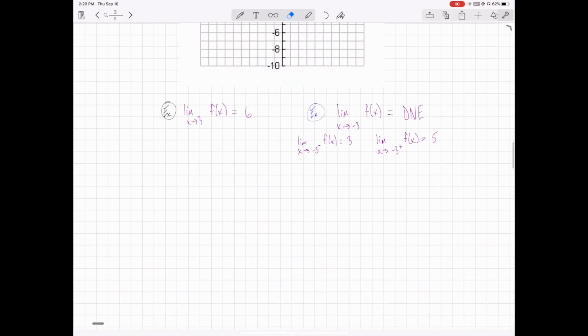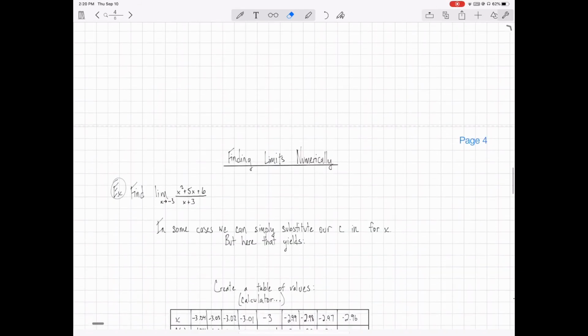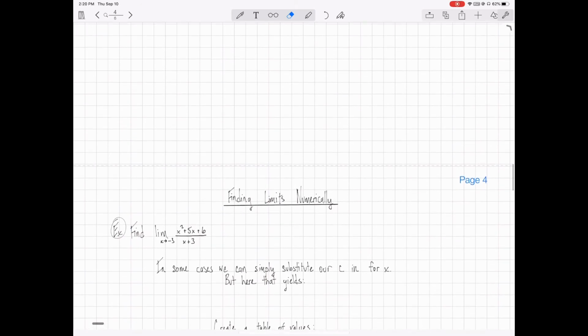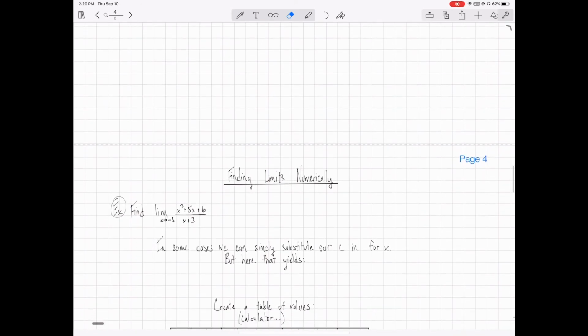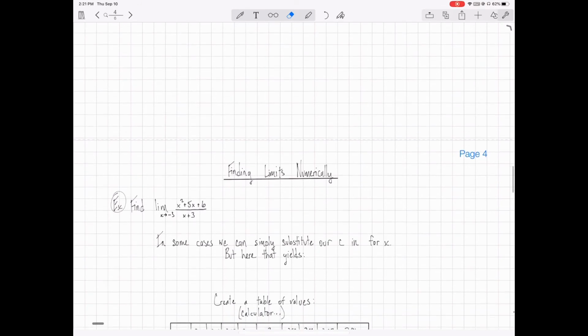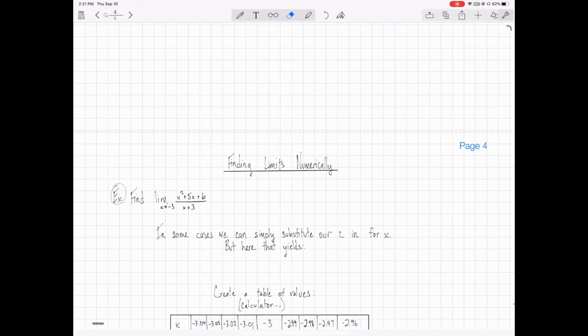So if we continue here, I did this already on a calculator. For this particular one, I entered the function. So this is finding one numerically. First thing you'd always want to do is plug the number in.